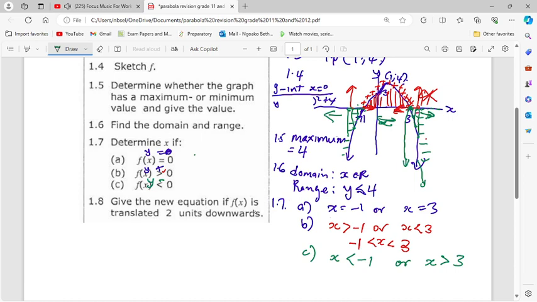Right, number 1.8: give the new equation if f of x is translated 2 units downwards.